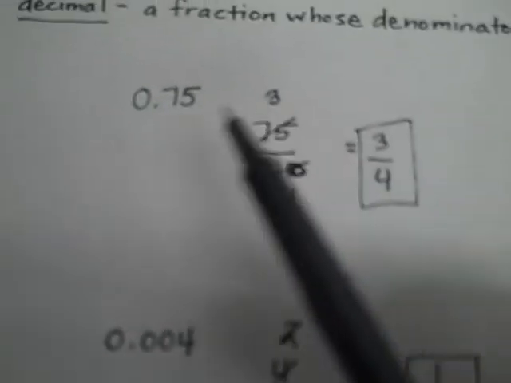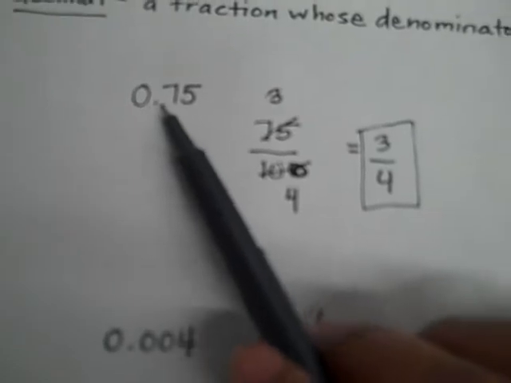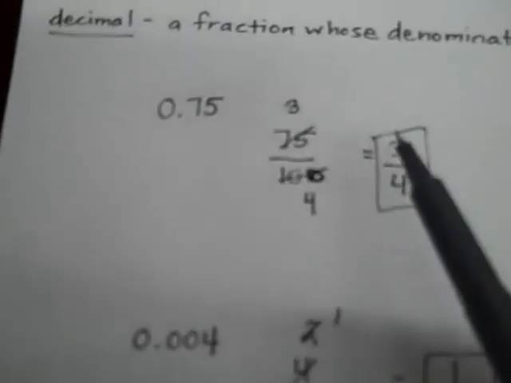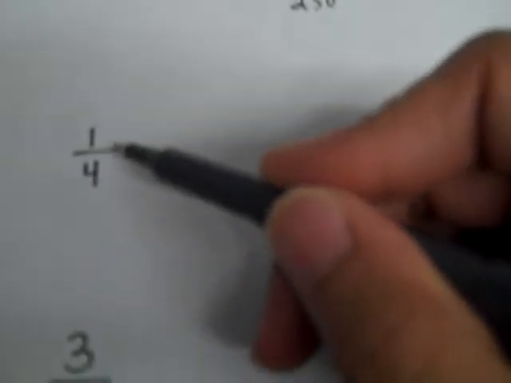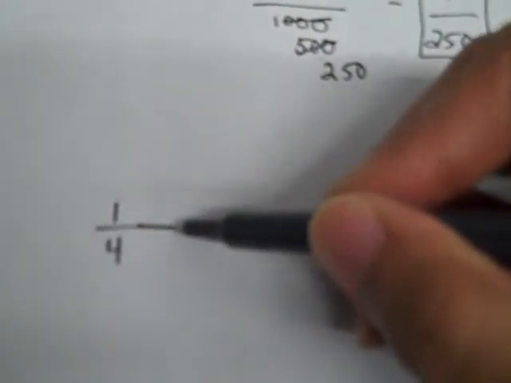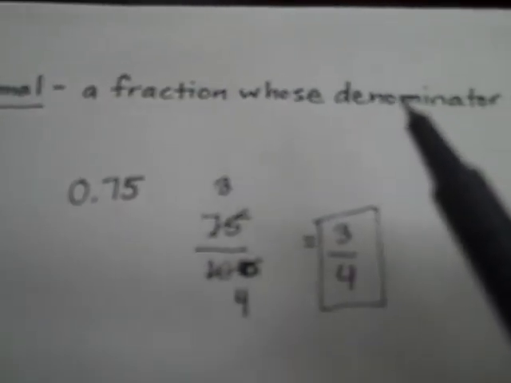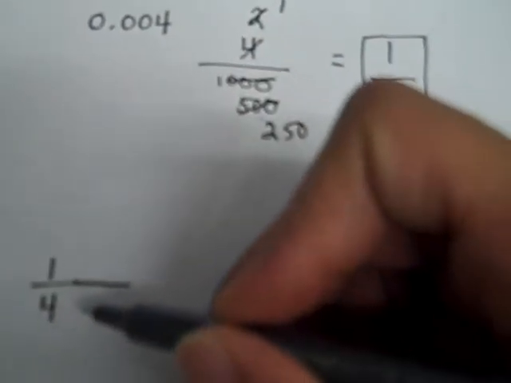Okay, now that's when I was trying to change something that looks in decimal form with a decimal point to its fraction equivalent. What I'm going to do now is change my fraction to what I call its decimal equivalent. And what I'm going to first do, because I know that the definition says a decimal is a fraction whose denominator is a power of 10, I know that I have to have a power of 10 in the denominator.